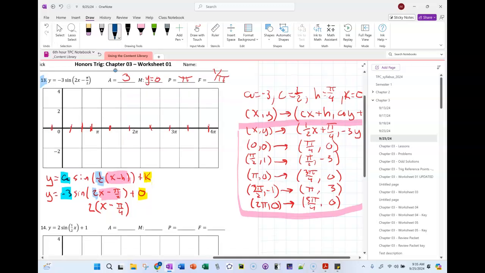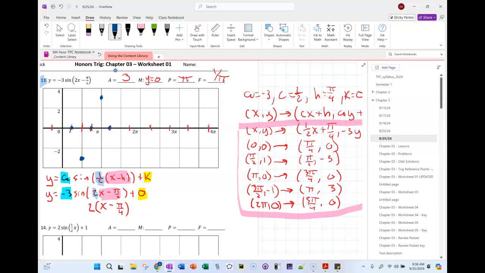So I start at pi over 4, 0, and then I have pi over 2 comma negative 3, and then 3 pi over 4, 0, and then I have pi, 3, and then 5 pi over 4, 0. So there's my one cycle.